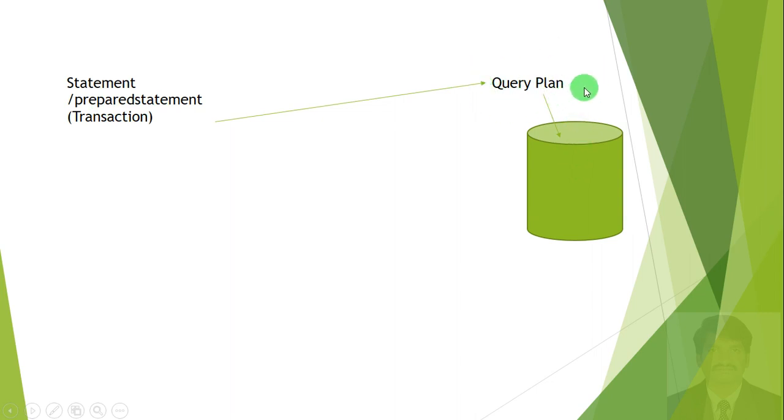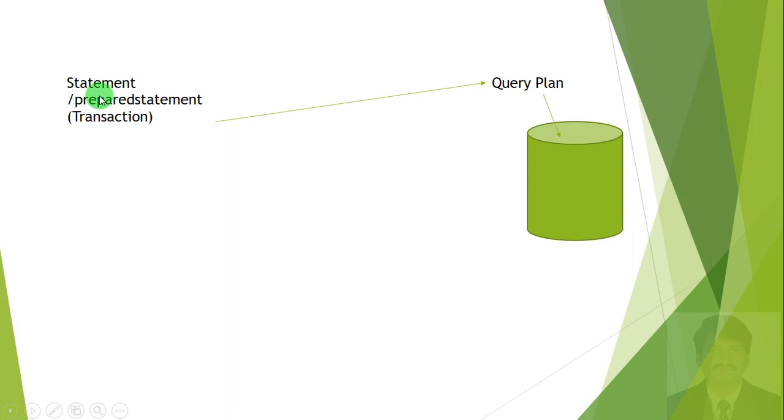Guys, just think that I need to insert 100 records. Means I want to execute a similar query again and again 100 times. So what will happen if you use the statement interface is that for every execution it will prepare the query plan, execute the query and delete the query plan.